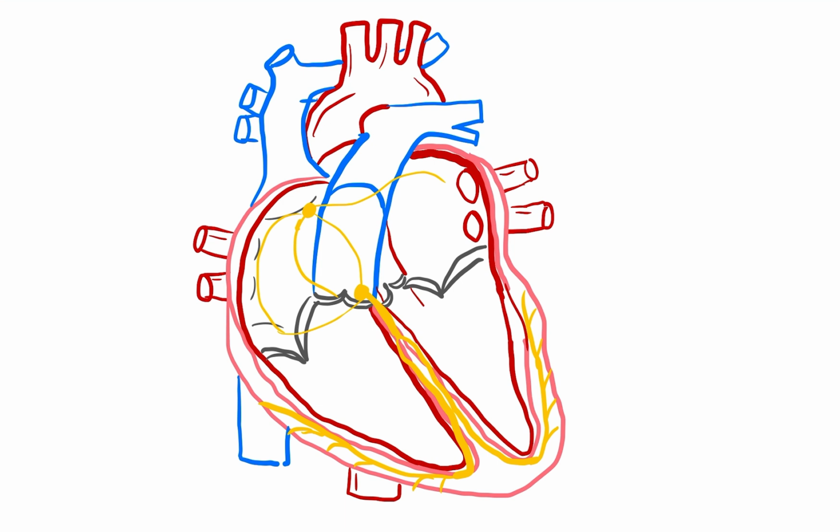What's important to know here is that our heart has some specialized cells, cardiomyocytes, that are able to generate action potential by themselves. The cells look something like this.